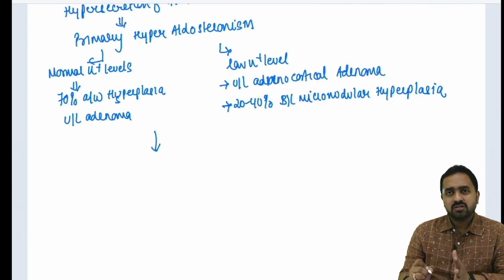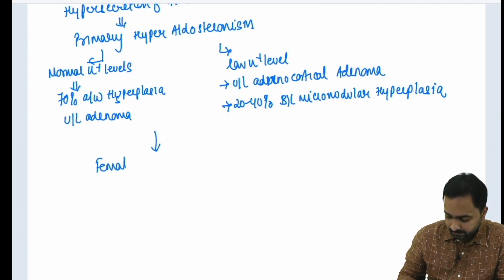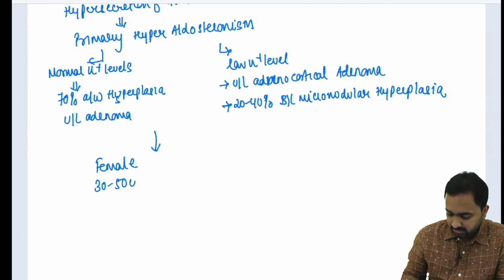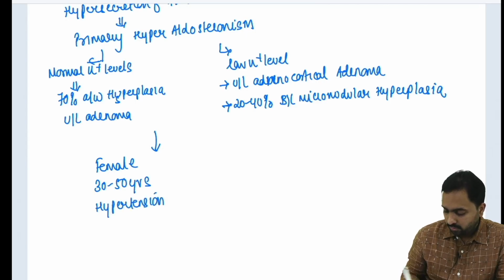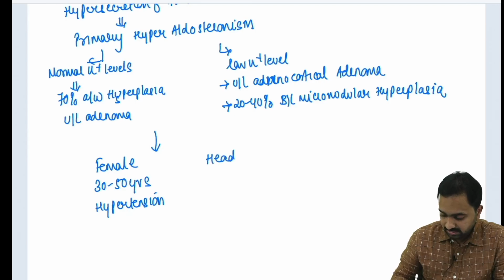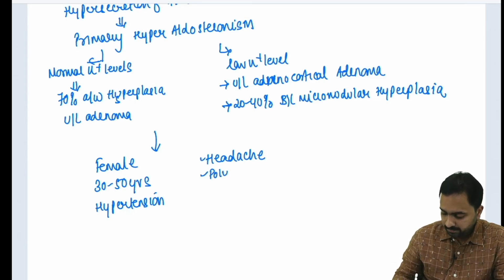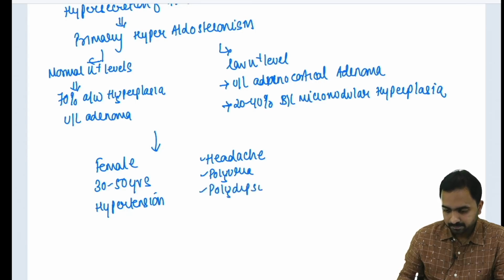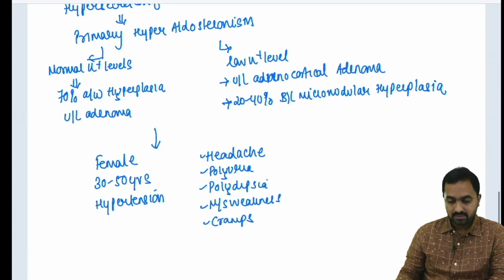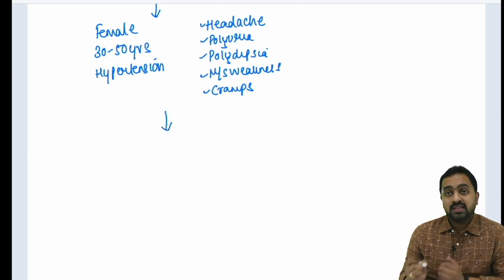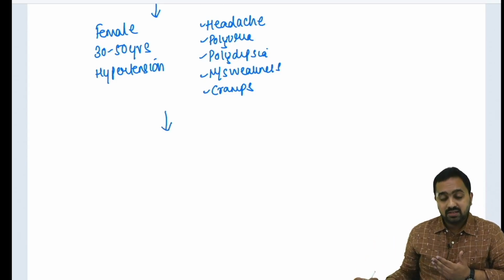So, such patients are usually female patients in age group 30 to 50 years, presenting with hypertension, or they may present with other non-specific features like headache, polyuria, polydipsia, muscle weakness, and cramps.